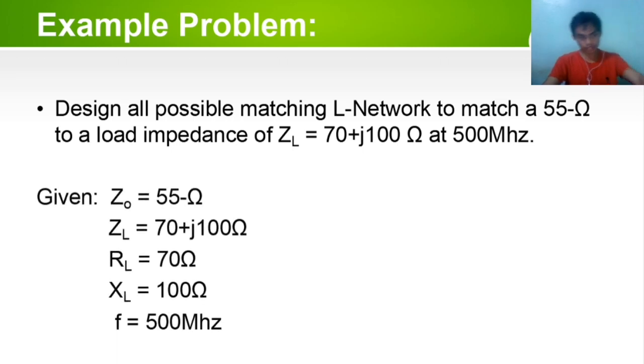By solving this matching L network, we have our given characteristic impedance of 55 ohms, and the load impedance is 70 plus j100 ohms, with RL being 70 ohms and XL equal to 100 ohms, and the frequency of 500 megahertz.